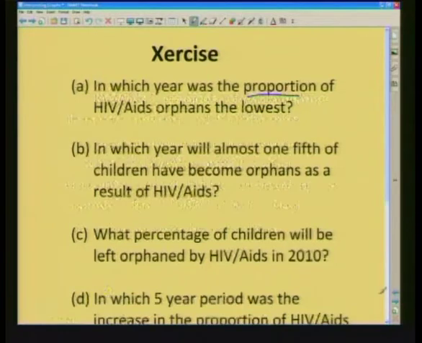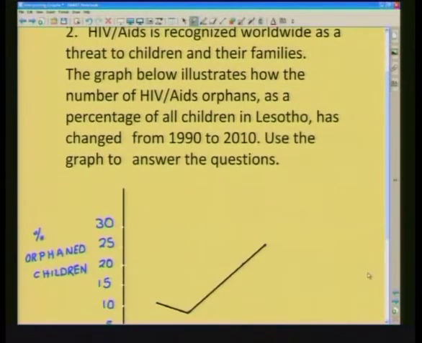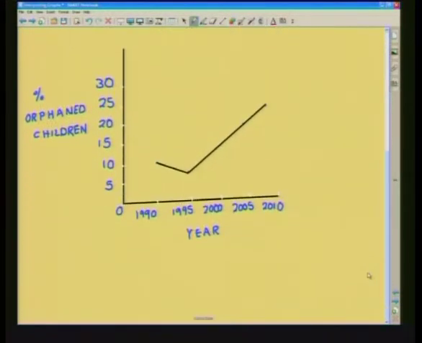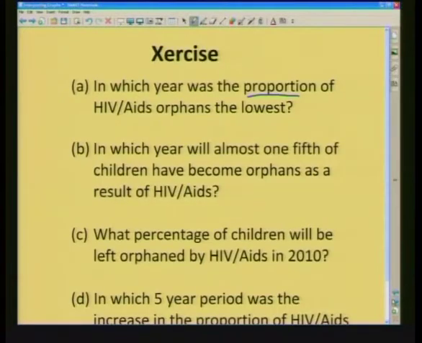So all we've got to do is go to our graph and look for the lowest point. And we see that the lowest point of this graph, remember that's measuring the percentage on the y-axis, was in fact in the year 1995. So therefore the first answer would be 1995.